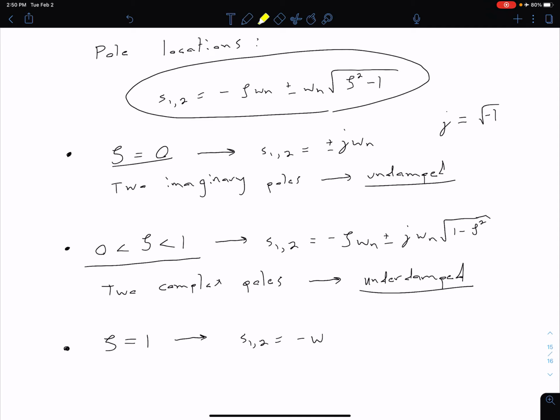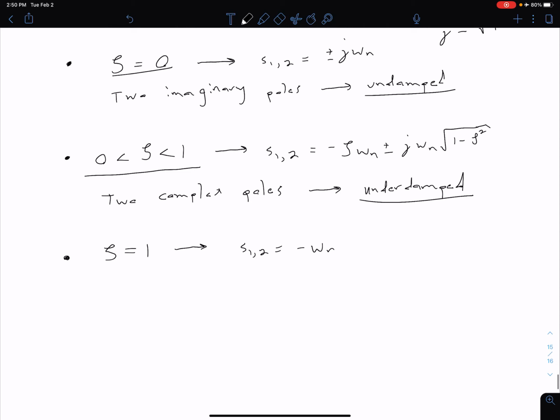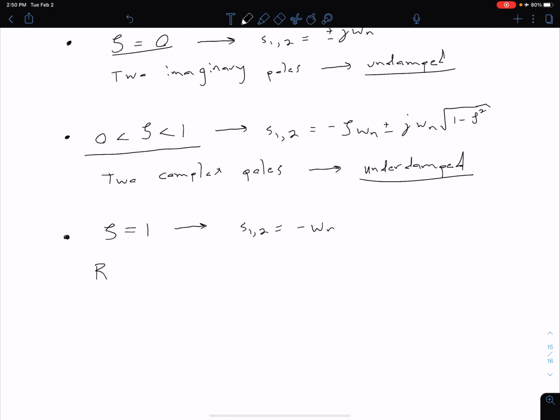So we get negative omega_n plus or minus 0. Of course that's going to be the same, so both of them are equal to negative omega_n. In this case we have real repeated roots, or real repeated poles of our G(s). What this means is we have a critically damped response.